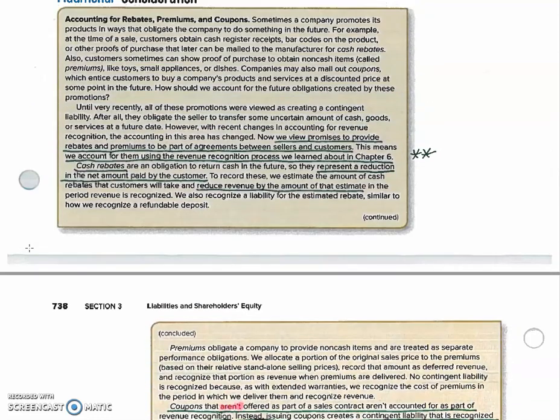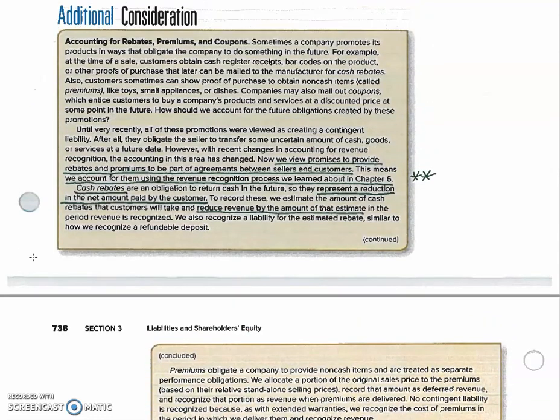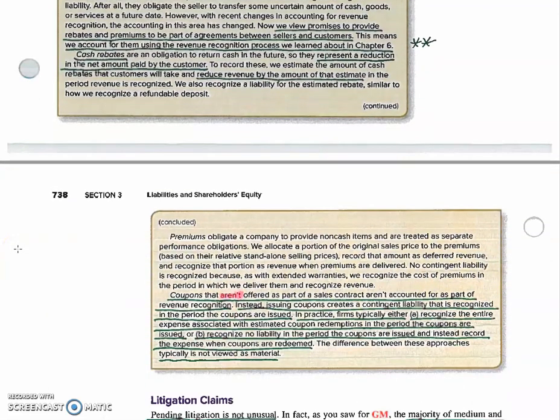Okay. Here they get into rebates and coupons. Rebates are, again, taken care of in the revenue recognition principle, and they are a reduction of revenue. So they are not contingent liabilities.